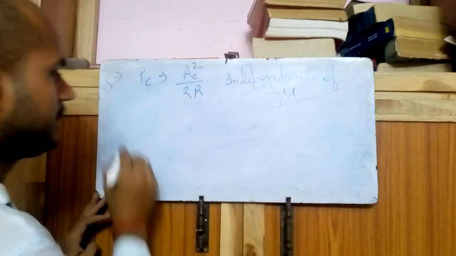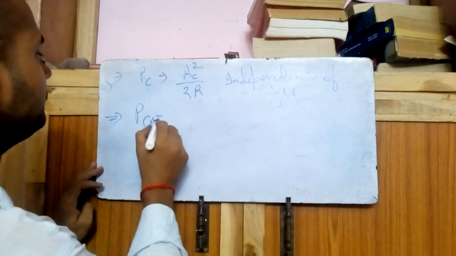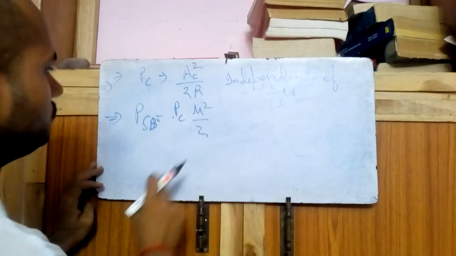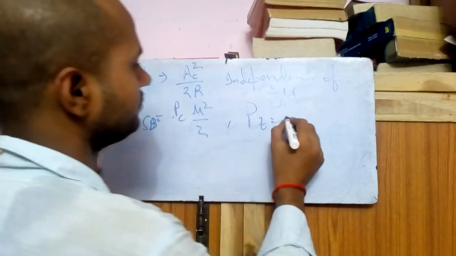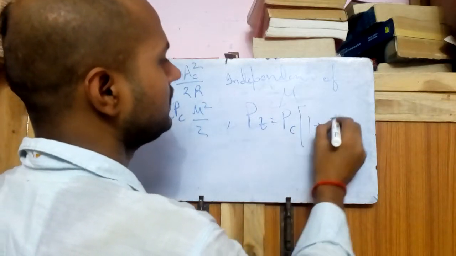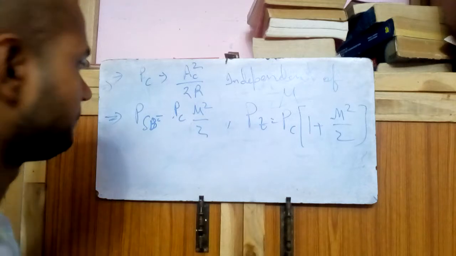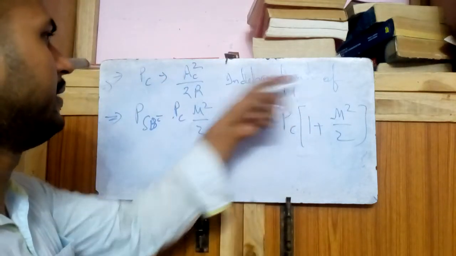But Psb is Pc mu square by 2, so it depends on mu, and Pt is Pc into 1 plus mu square by 2. Pt also depends on mu. So Psb and Pt depend on mu, but Pc is independent of mu.